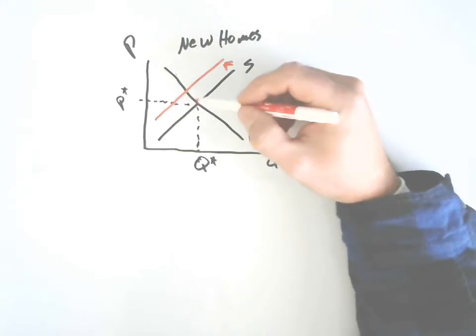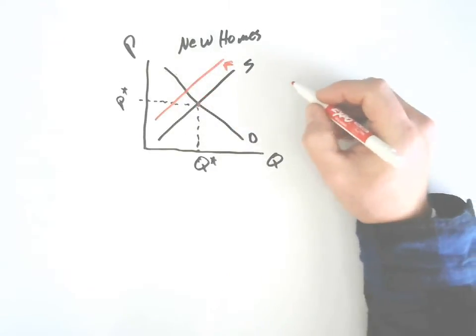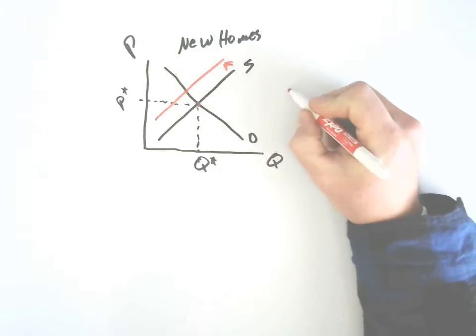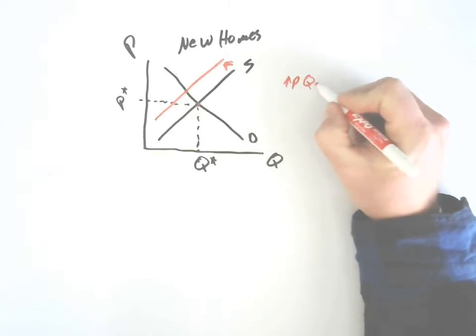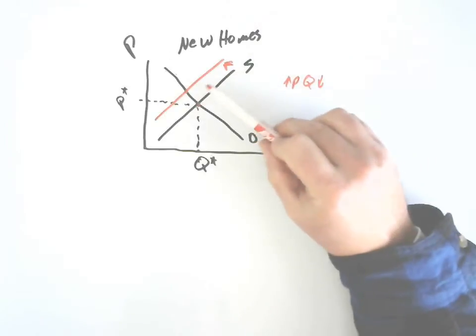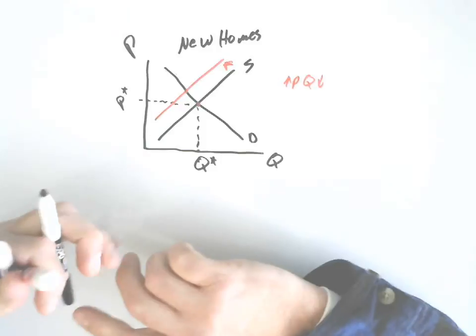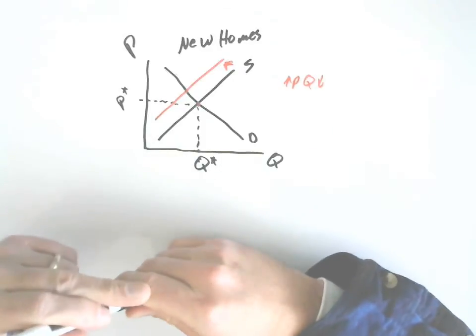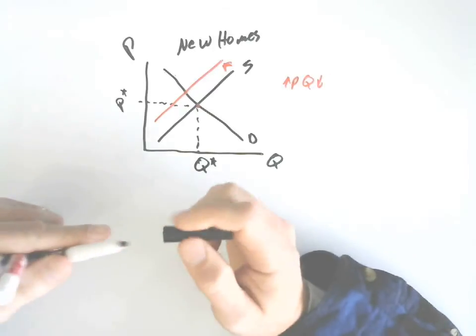Now, this single shock here, comparative static analysis predicts that prices will rise and quantity of new homes will fall.